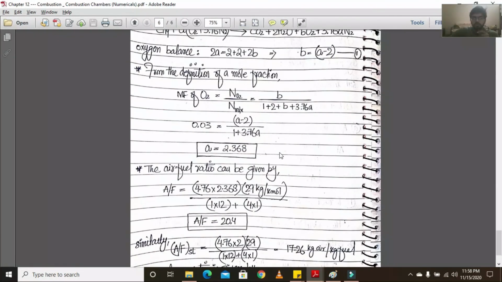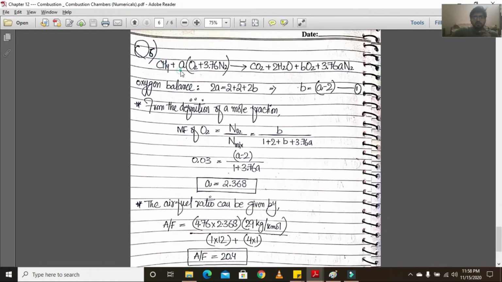So moving towards the solution of this question, CH4 plus A times of O2 plus 3.76 times of N2. Since I did not have any information regarding the amount of the air which is being utilized here, I have just written it as A. Then in the combustion products I will get CO2 plus 2 times of H2O, and then here you can see that I have B times of O2, which is the excess air which we will have in the combustion products.